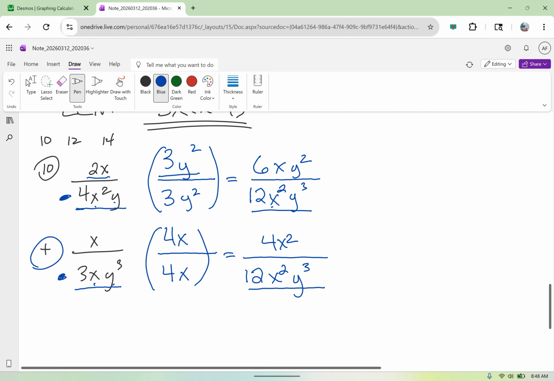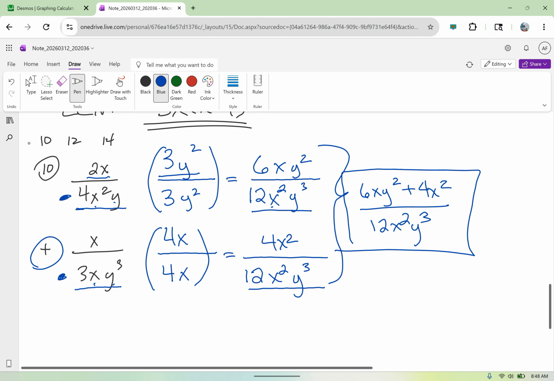This is plus. So this becomes 6xy² plus 4x² over common denominator 12x²y³. Let's double check the answer, and that is correct.